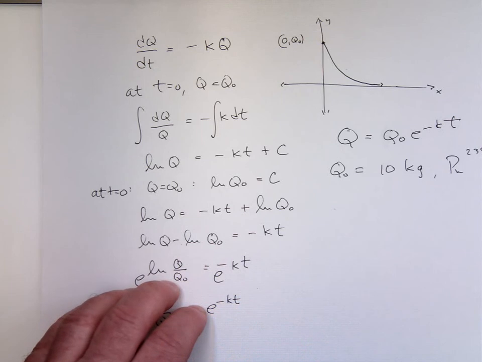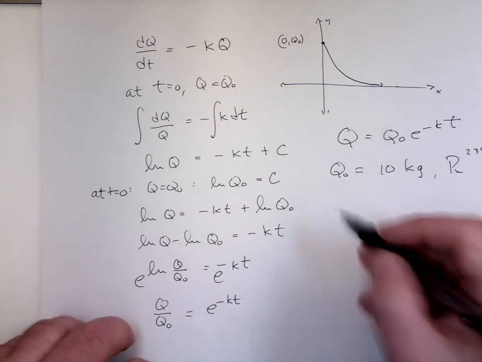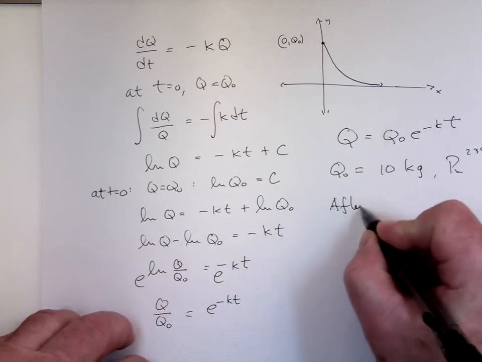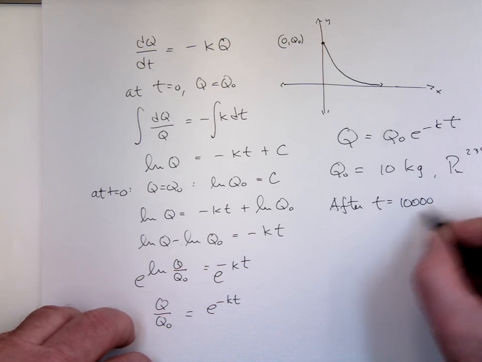Let's suppose, here's what we know. Instead of knowing how fast this thing is decaying, let's suppose we know after so many years, after t equals 10,000 years, Q now is equal to 8 kilograms.